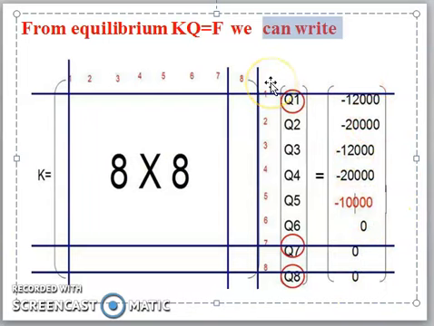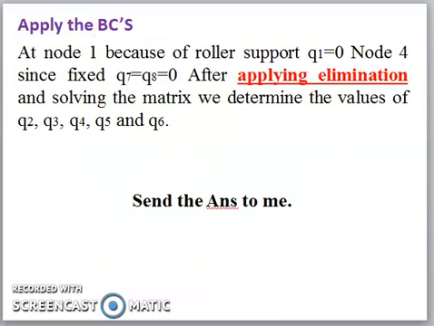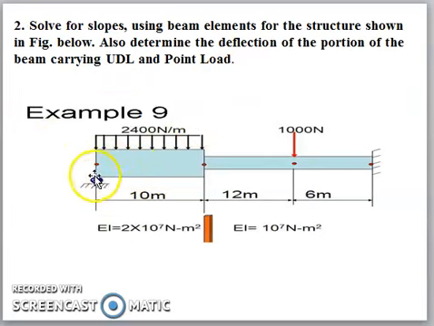Again apply the boundary condition. Similarly just go to the figure. What is the boundary condition? At node 1, because of the roller support, see here at node 1 the blue dot indicates the roller.